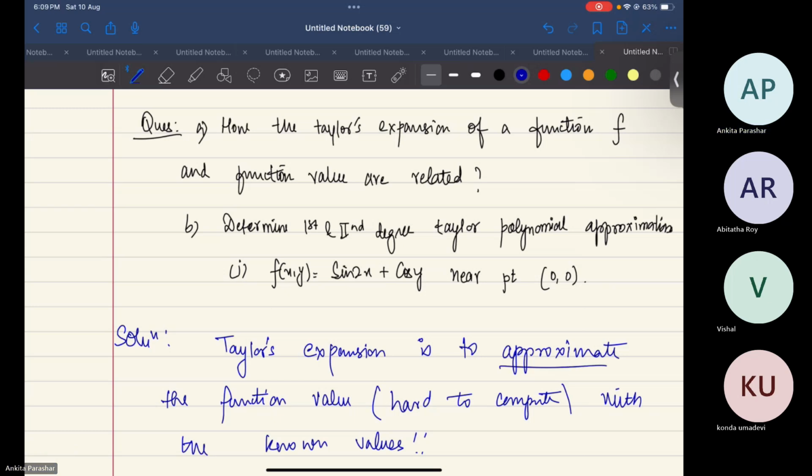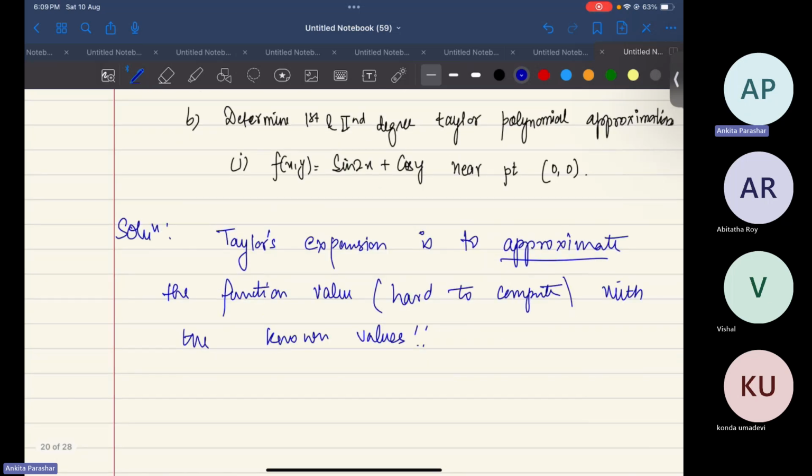Now, we also know how to find the Taylor expansion of a function around a point for one variable. But what is the Taylor expansion for a function of two variables? If you remember, a function of one variable f(x) is nothing but f(a) plus f'(a)(x minus a).